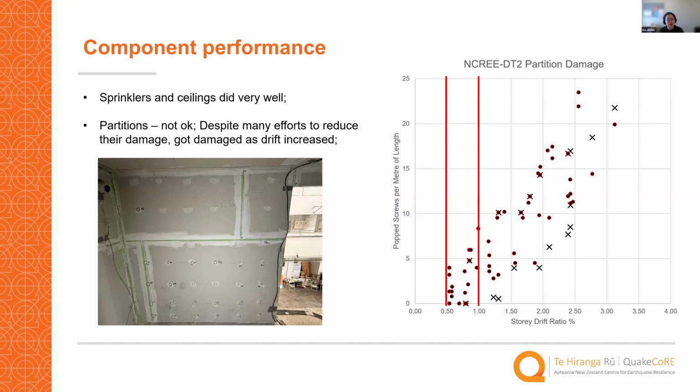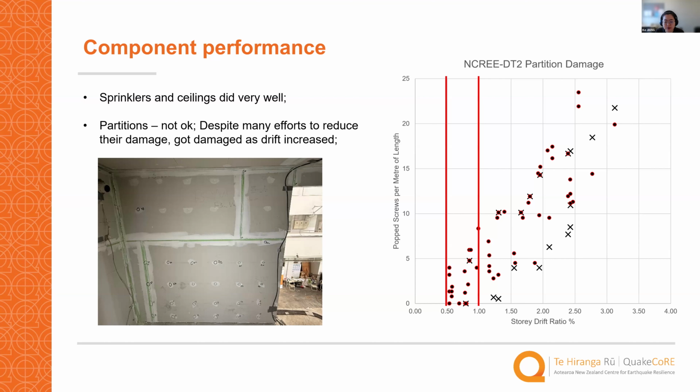They got damaged as drift increased. One of the important indicators is the number of screws popped out. In the photo, you can see the markers on the partition walls that indicate the popped out screws. And in the figures, you can see the relationship. We plot the number of popped screws against the story drift ratio.